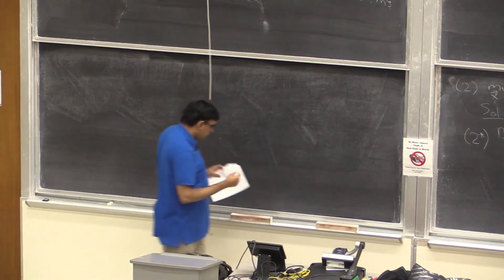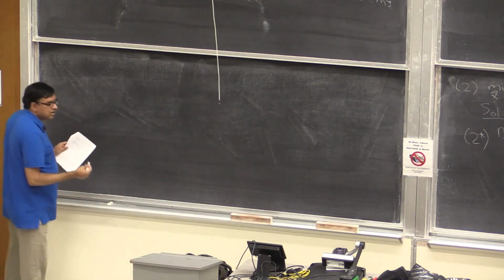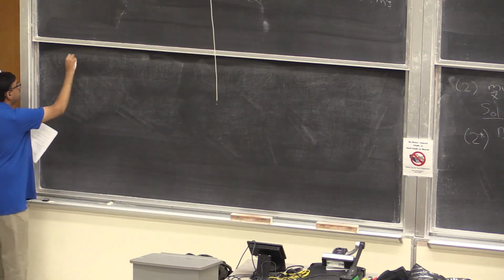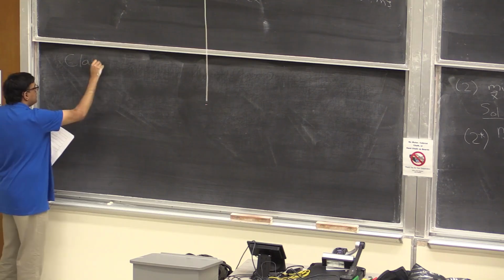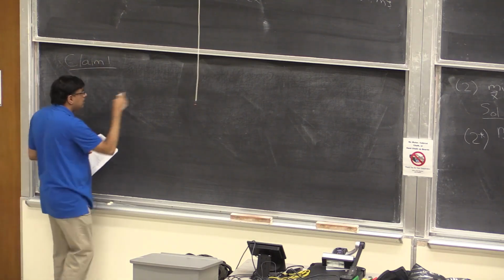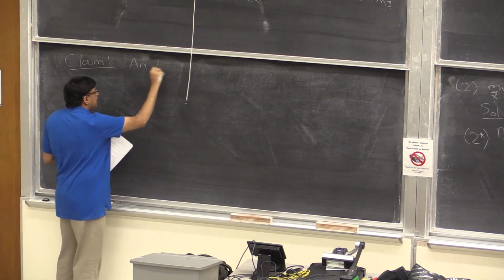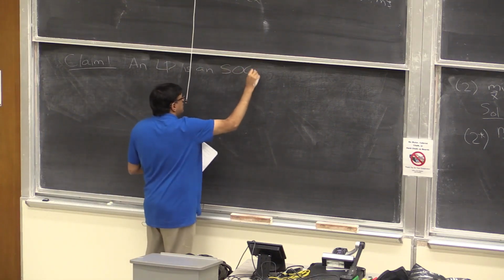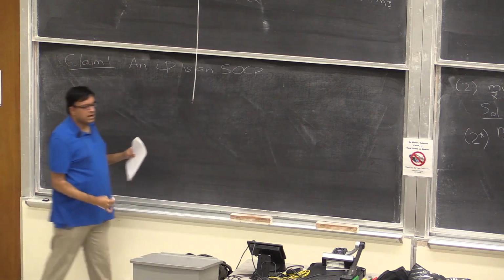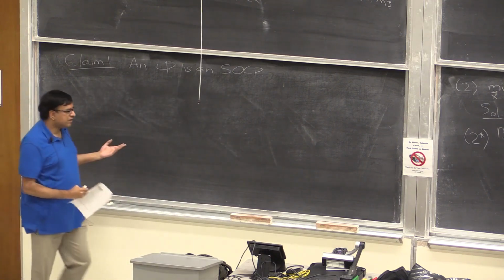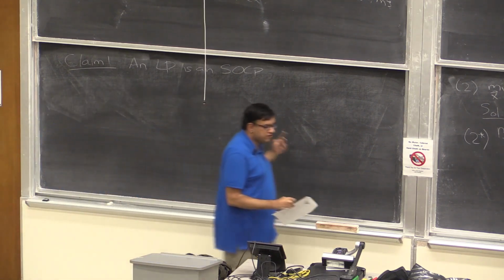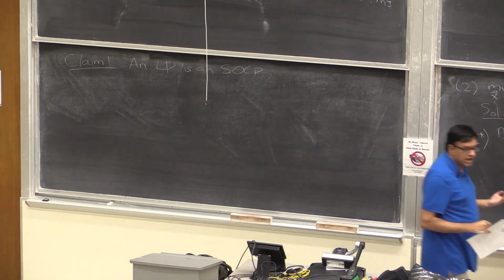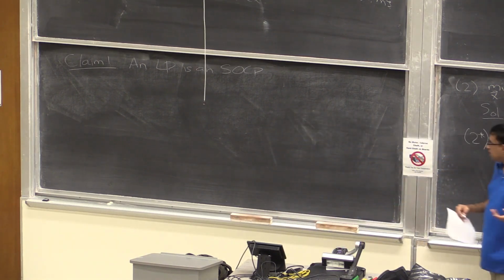All right. So, claim 1: an LP is an SOCP. I promised someone at the beginning of the lecture that we'll show how affine constraints are also second-order cone constraints. And this is what we'll do here.